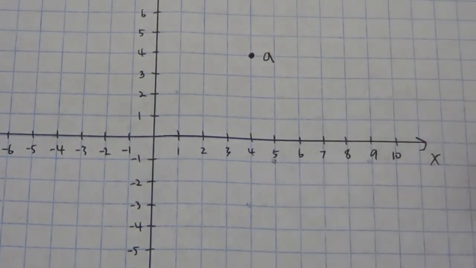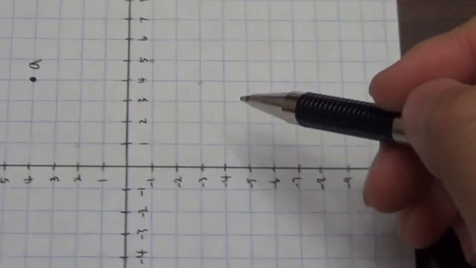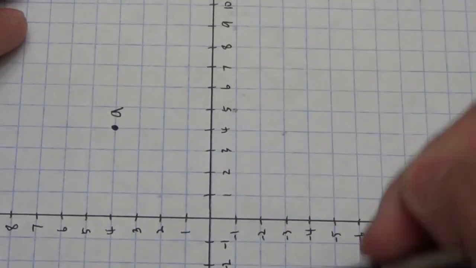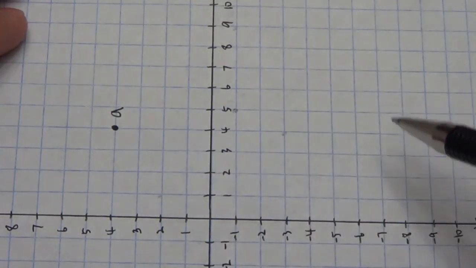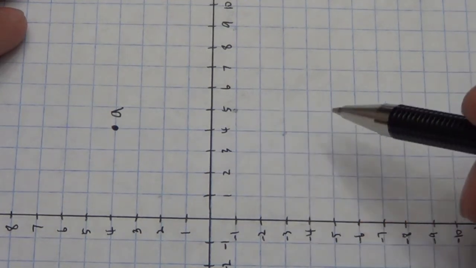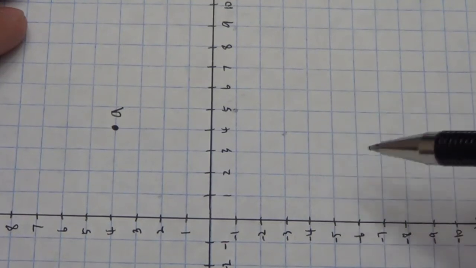Sometimes it's easier for people to visualize it side to side. So if this is the midline, and you're trying to have a mirror image of that point, it would be a little bit easier to visualize that it's going to be in this area.